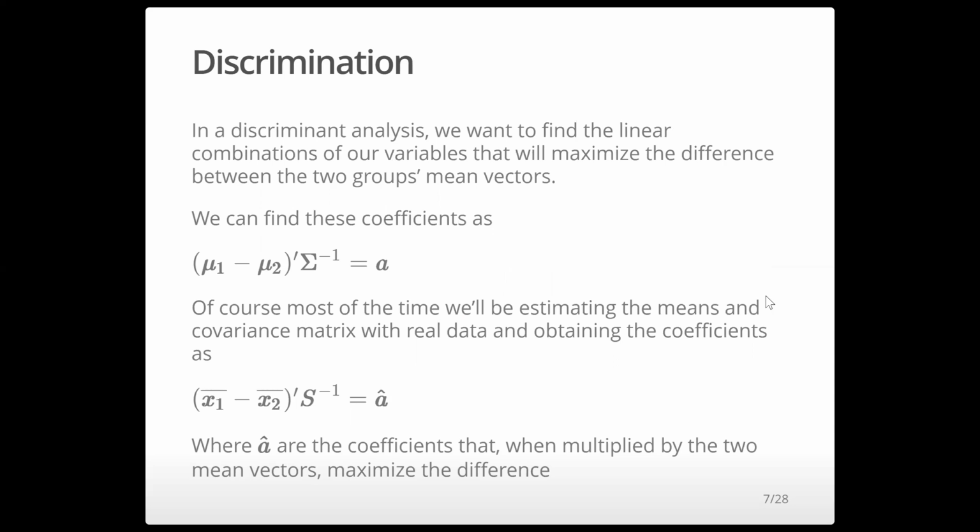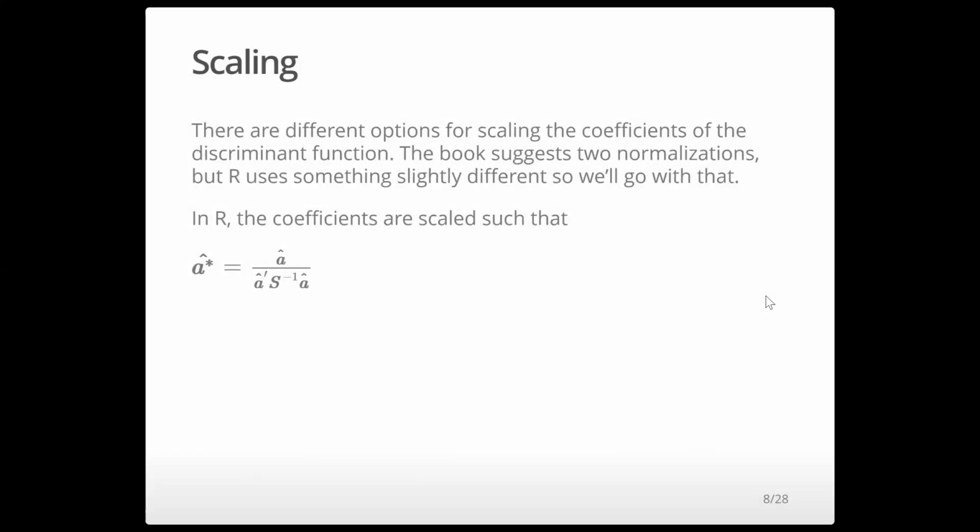Of course, most of the time we'll be estimating the means and the covariance matrix from real data and obtaining the coefficients using just the X bars and S, which is the sample notation rather than the population notation. There are some different options for scaling the coefficients for the discriminant function.